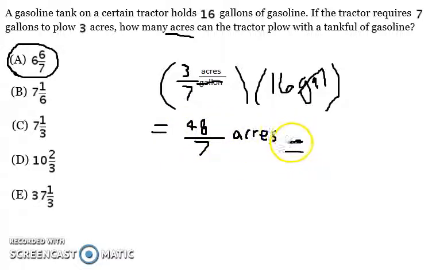So you know that you can't divide 7 into it, because you don't have the full 7 times 7, which would be 49. So you go the next number down. So 6 is going to be your whole number. Again, that's the only one with 6 in it. But we know that 6 times 7 is 42. And 48 minus 42 is 6. So if we take out 6 whole numbers, we're left with 6/7.